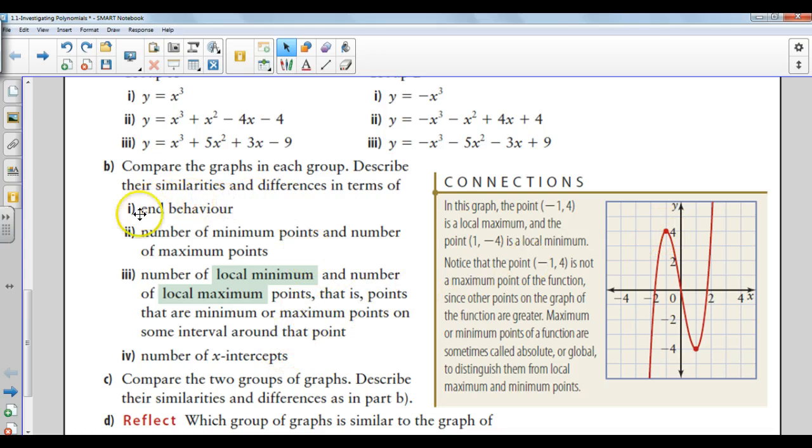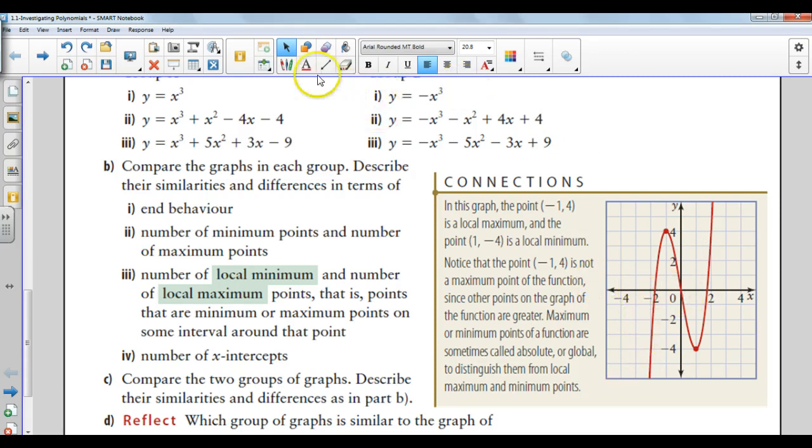And the one that might sound a little different to you is end behaviors. Essentially we're asking what happens as we move out on our graph, as the x values go this way and the x values go this way. Well, in this case, as I move further out, as my x values increase, my y values increase as well. As we go to the left here, as my x values go greater and greater negatively, so does my y value.